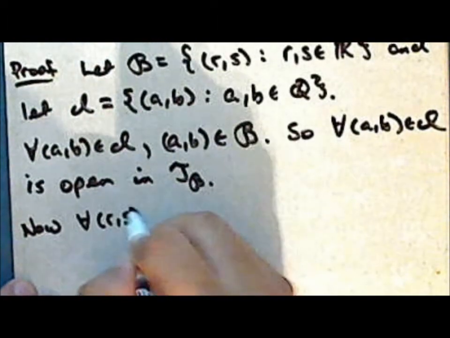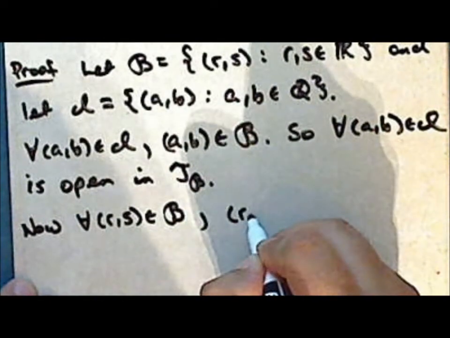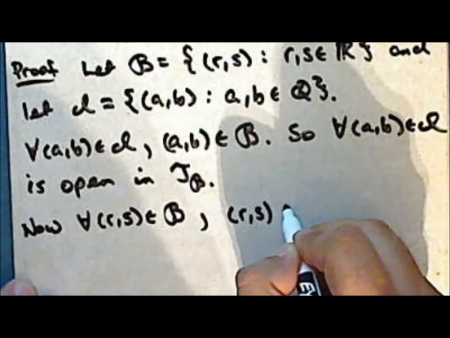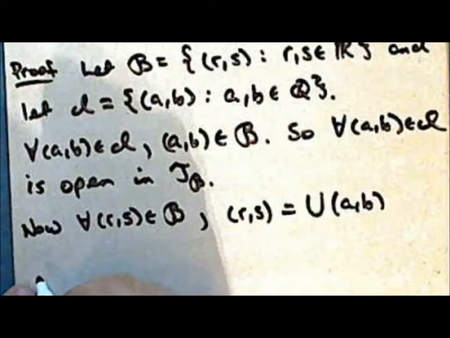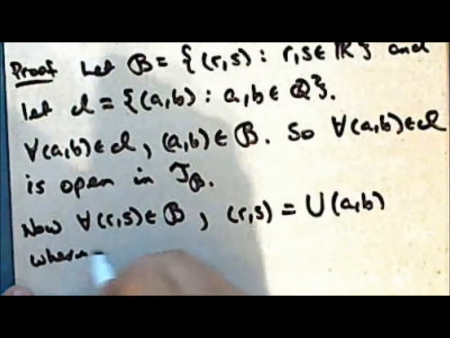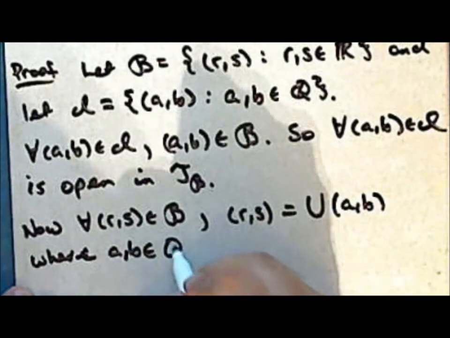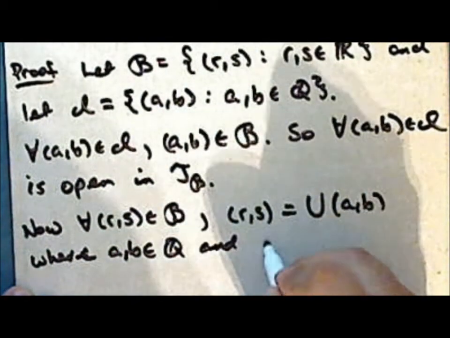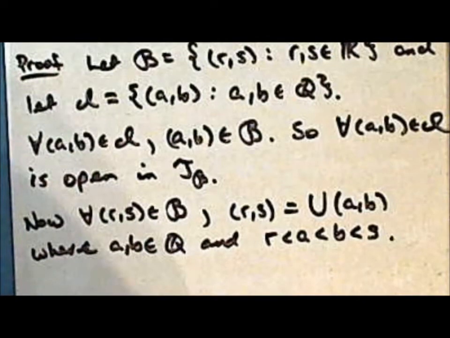Now every interval rs in the collection script B is the union of open intervals of the form ab, where a and b are rational and a is strictly greater than r, strictly less than b, and b is strictly less than s.